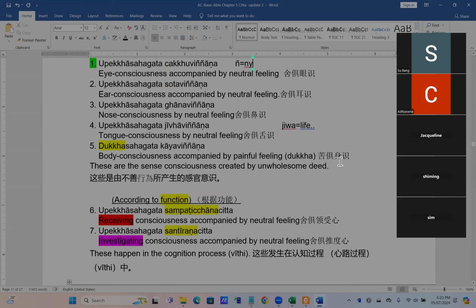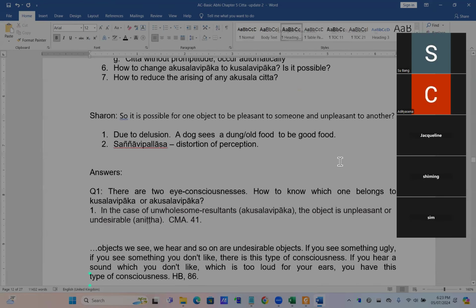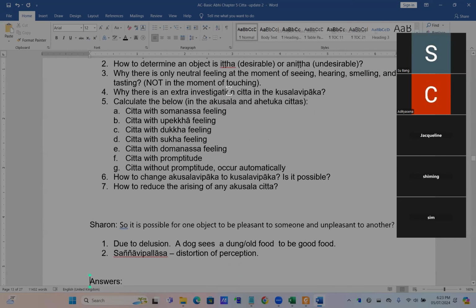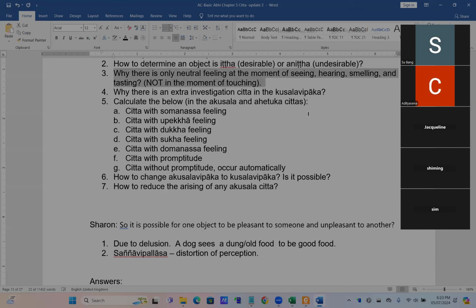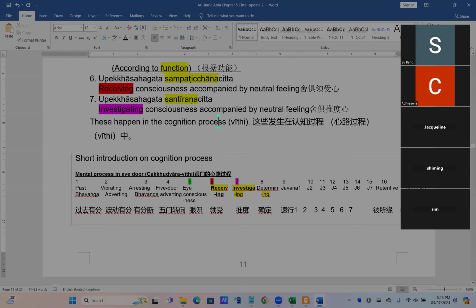On question 3, I came across another answer: in the vithi, you have the pancha-dvara, which is the heart base, and then later you have the cakkhu-vinnana, which is the eye base. These are two different bases, with consciousness arising from different bases, so the impact is not strong.